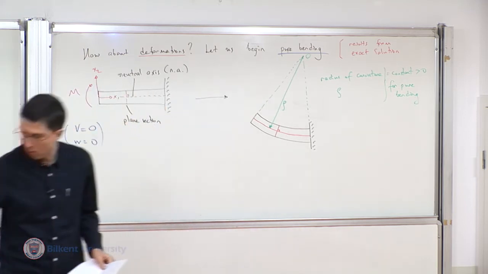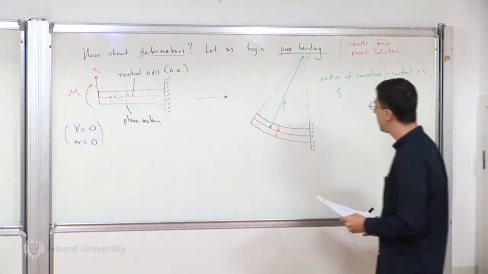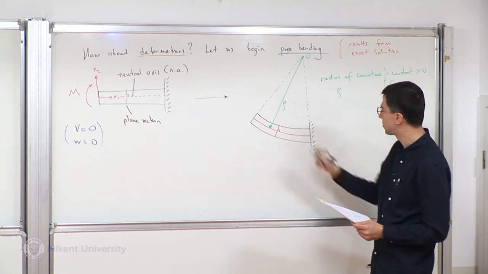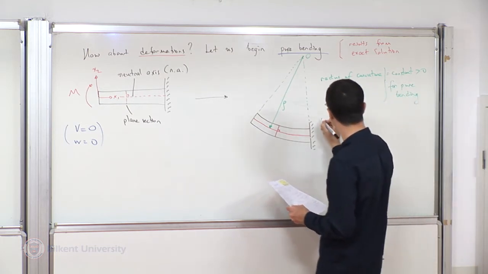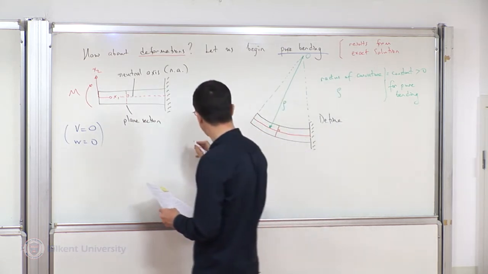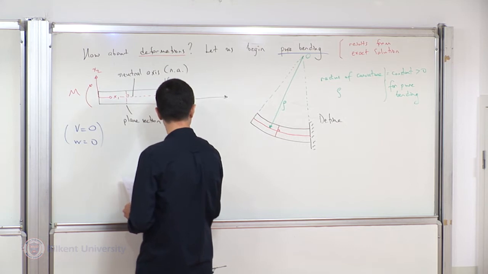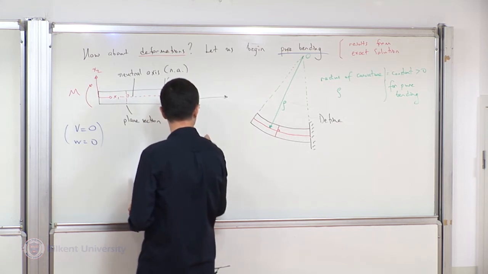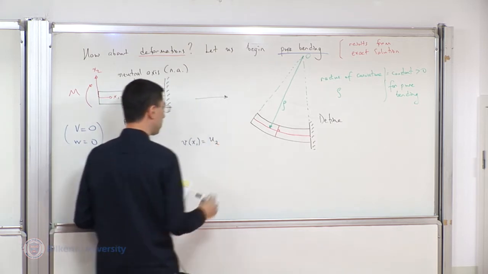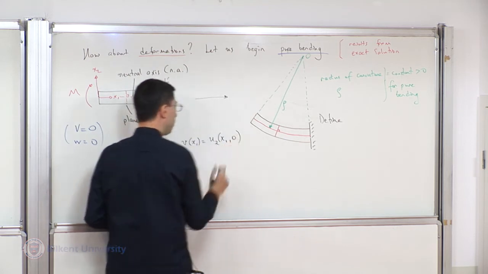So now, to talk about what it means for plane sections to remain plane and perpendicular to the neutral axis after deformation, I'm going to introduce a few quantities. First of all, I am going to introduce a new quantity. I'm going to call that V. It's going to be a function of x1 only, and it is simply the displacement in the 2 direction evaluated at the neutral axis.